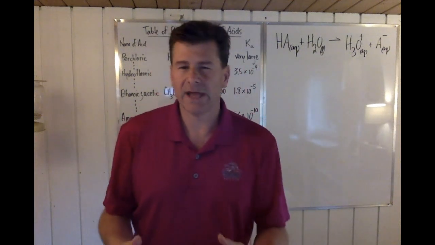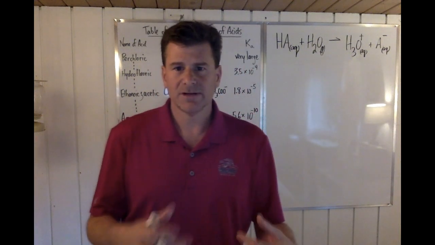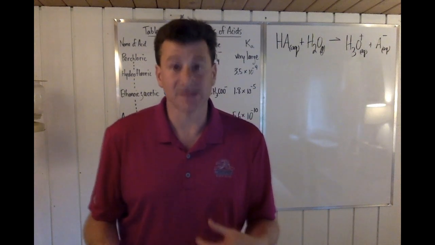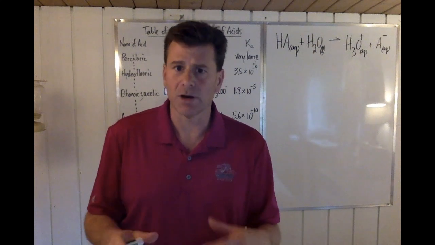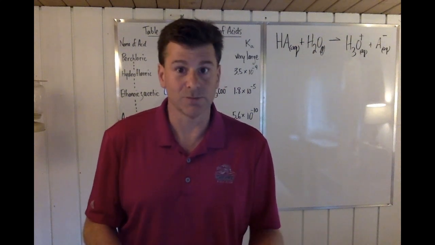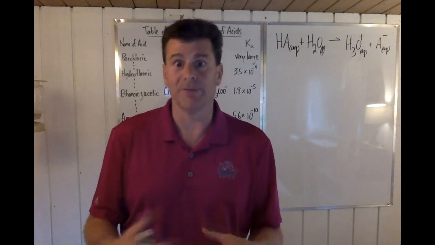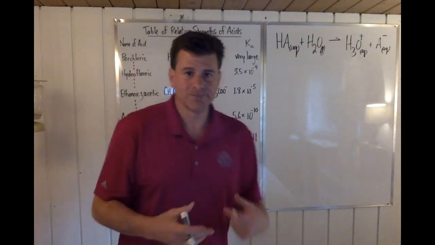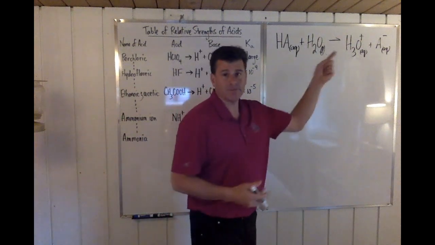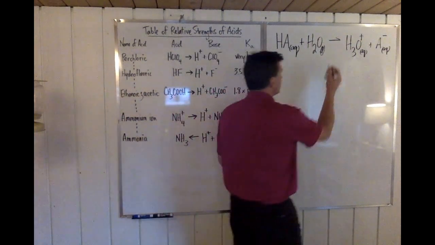But because it's a weak acid, the H can go back onto the A- quite easily. Strong acids are kind of the opposite: once the A- gets rid of the H, it's really hard, if not impossible, to put it back on there. So HA gives up an H, goes over, forms hydronium, forms A-, but it can turn around and go back the other way.